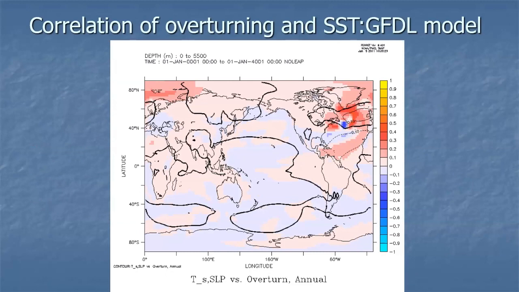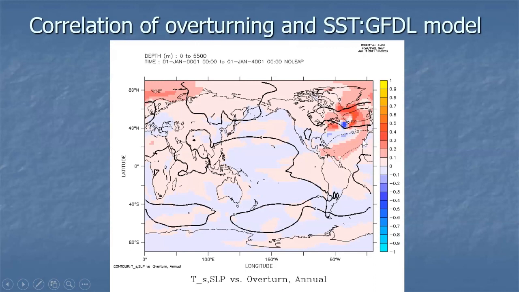So if we look at the correlation between overturning and sea surface temperature in this model, we see this same horseshoe pattern. When the overturning is strong, it's warmer in the northern hemisphere, and then there's a region of correlation that wraps around into the tropics, and a cool region in between.